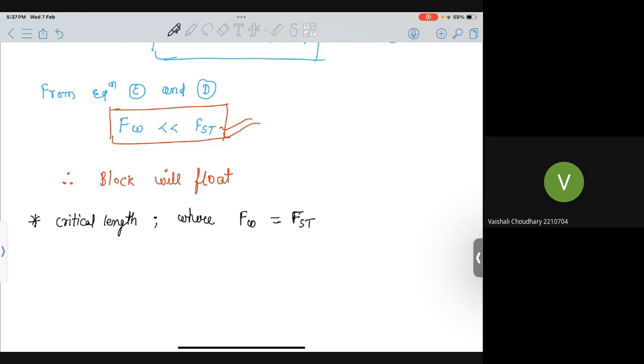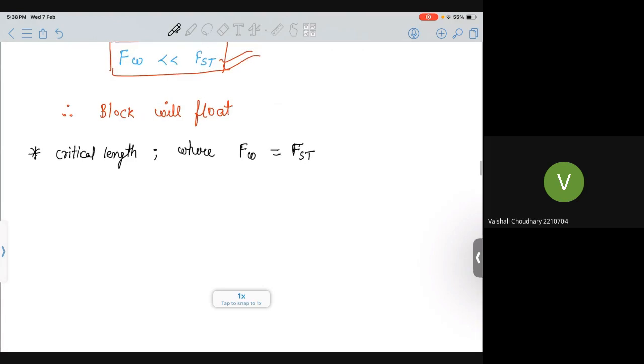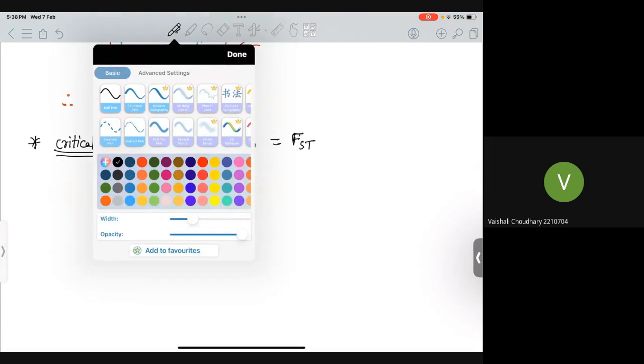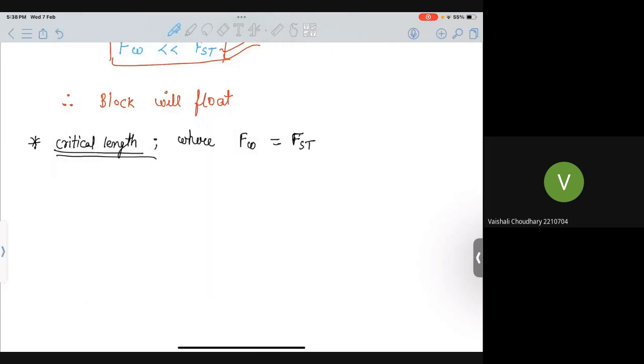Okay. Critical length. So the downward force is nothing but rho L cube times g, and this is gamma times S, or we can write it directly as gamma times 4 times L. Okay.